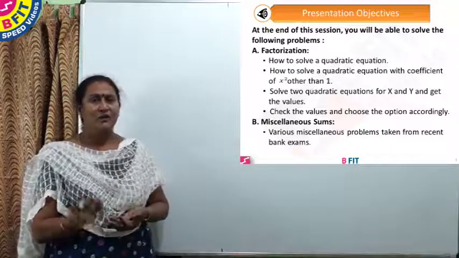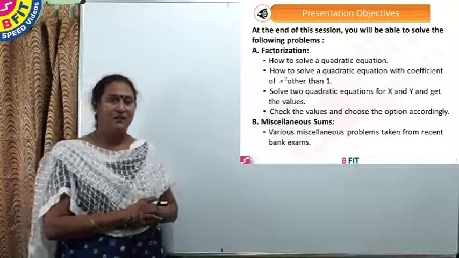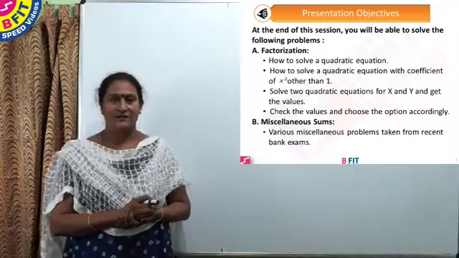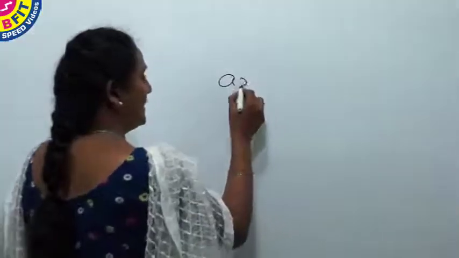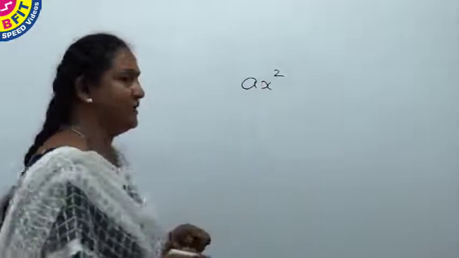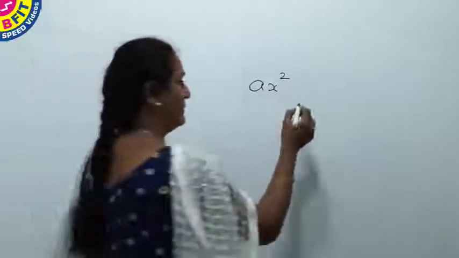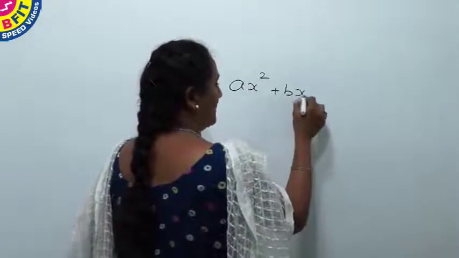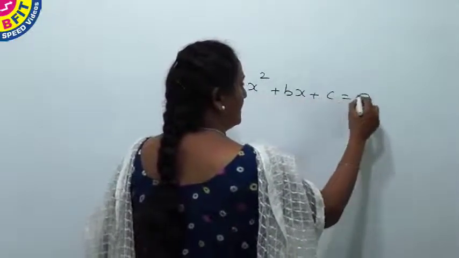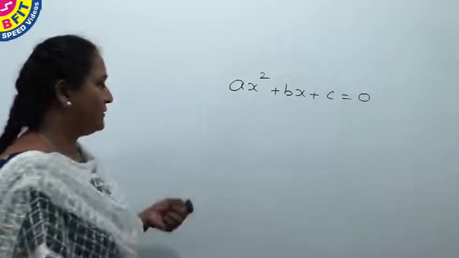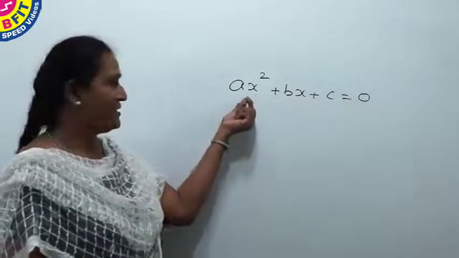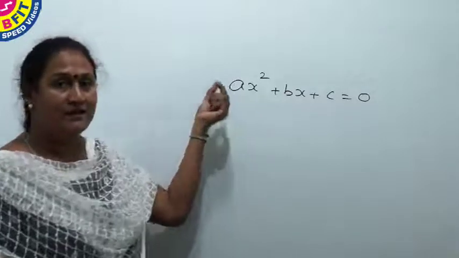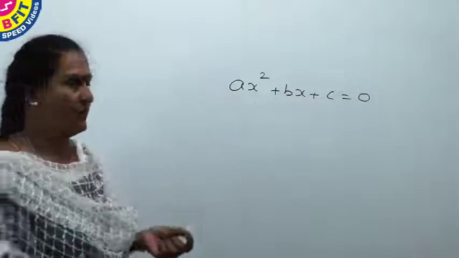Before going into those exercises, we will see how to solve a quadratic equation. The standard format of a quadratic equation is ax square plus bx plus c equal to 0. The constant which occurs before x square is termed as coefficient of x square.